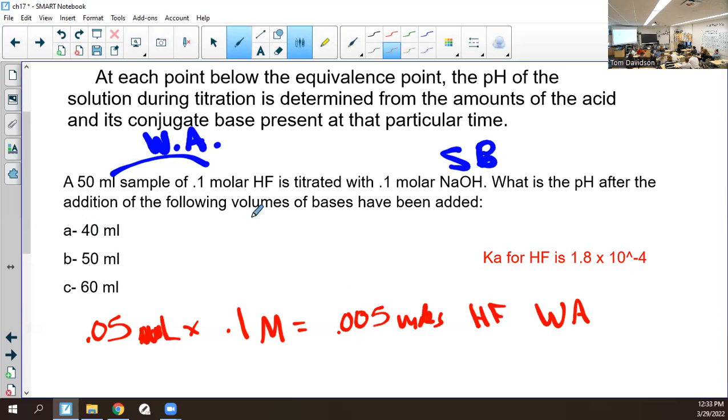Then I have 0.1 molar NaOH, and I'm taking 0.04 liters, from right here.